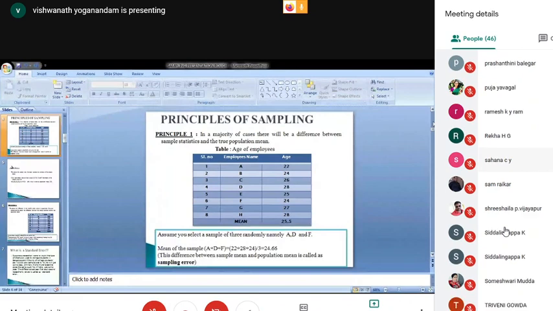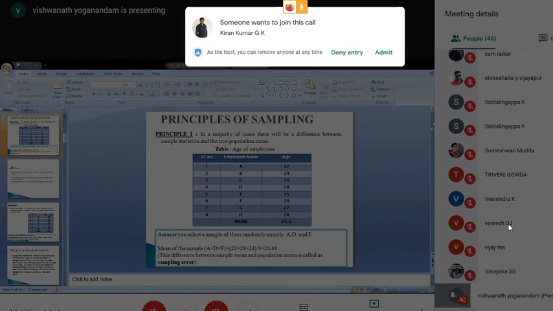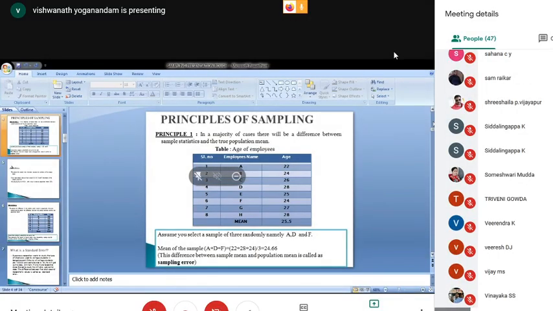If you take the mean, it comes to 25.5. 25.5 is the population mean. Suppose you are taking a sample of 3 people, say A, B and F. You will be getting the average as 24.6.